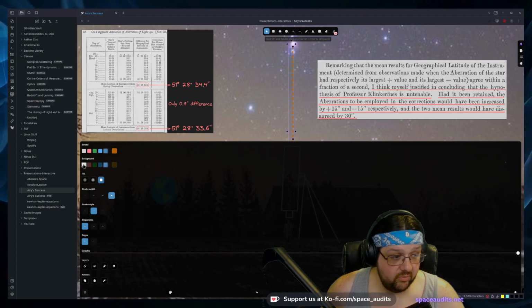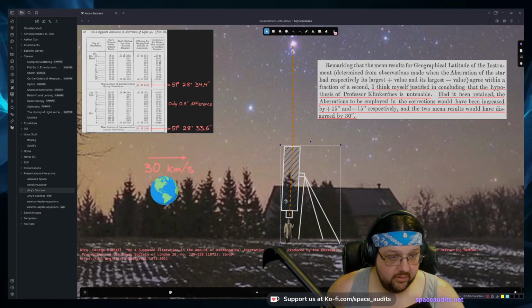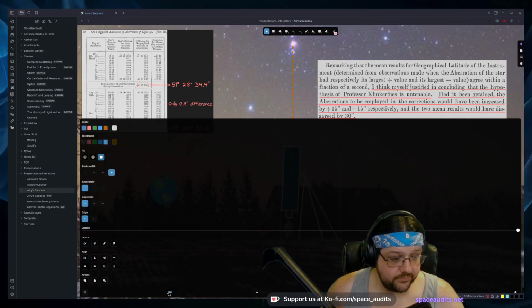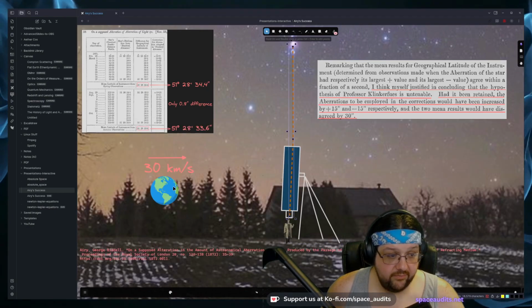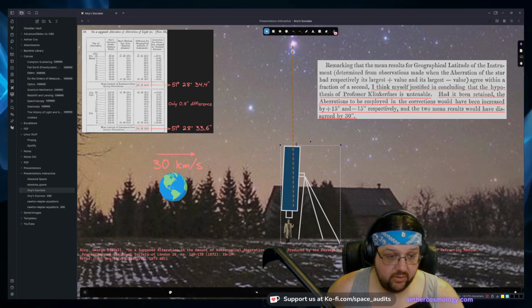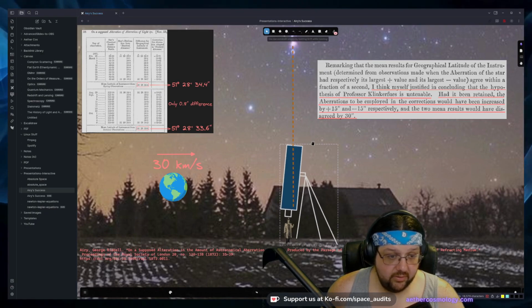When we fill the telescope with water, if the Earth is in motion, then the starlight will be slowed down. And when it gets slowed down, I will have to correct my telescope even further to keep the starlight in the center.